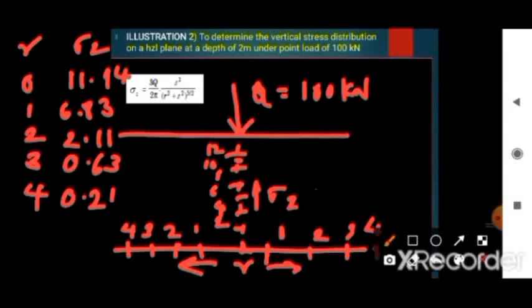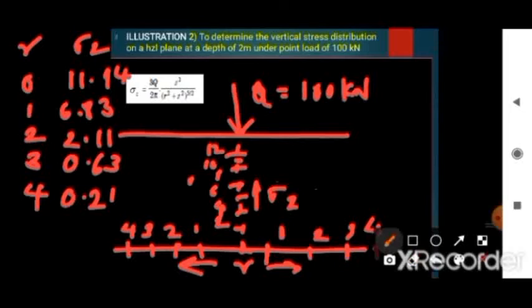6.83, so for 1 meter radial distance we are going to get 6.83, between 6 and 8, somewhere here, both left hand side as well as right hand side. I am going to show the value of sigma z.